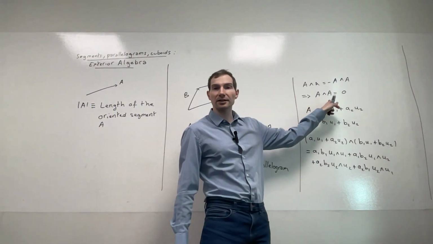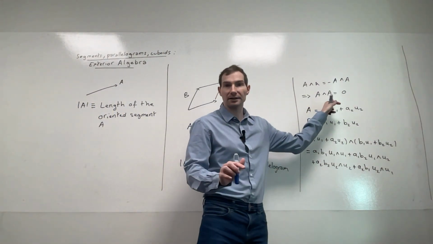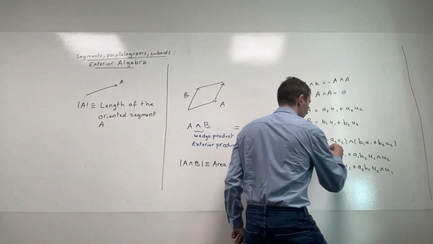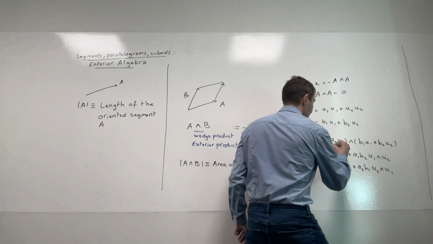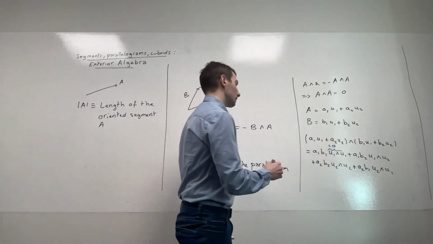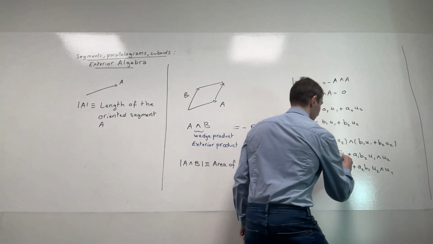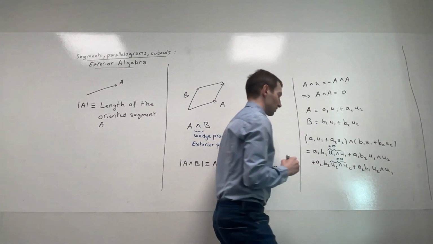Now keep in mind what we just wrote here: A wedge A is equal to 0, whatever A is. So what that means is that this particular object here is 0, and likewise this one here is equal to 0.